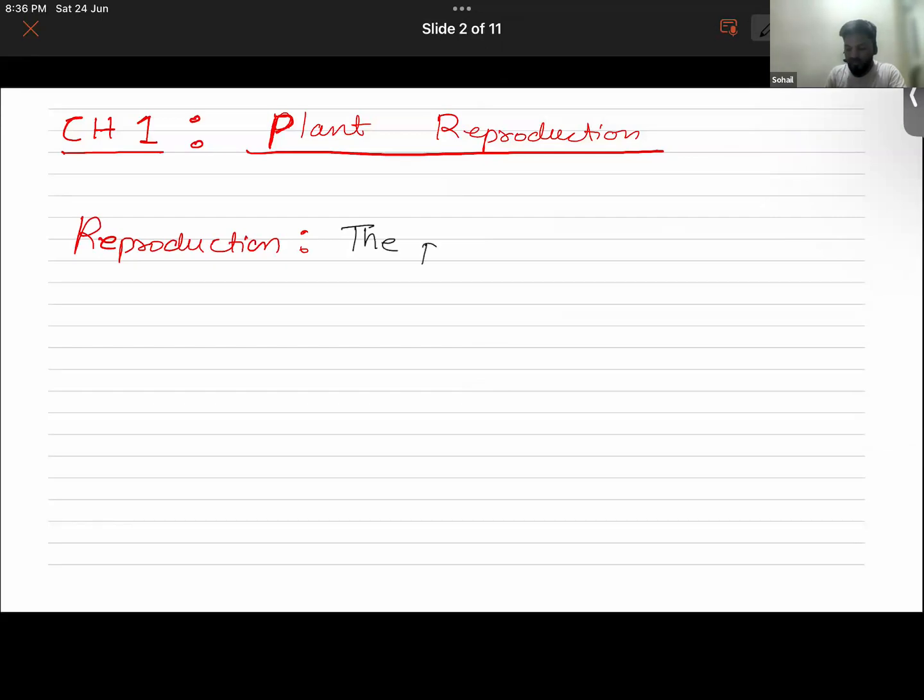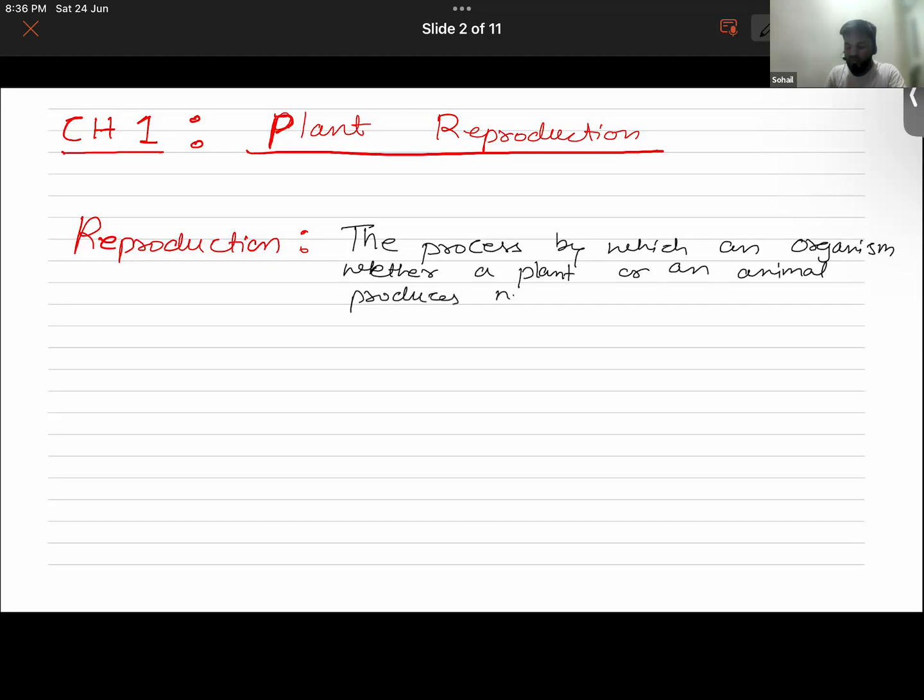It's the process by which an organism, whether it be a plant or an animal, produces new individuals.